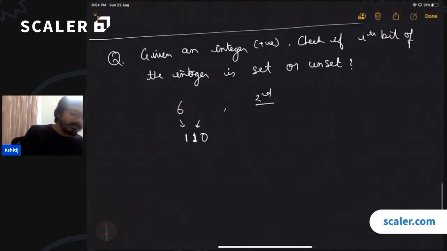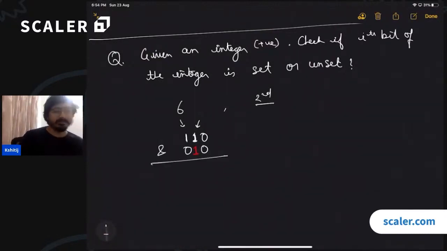So let us say I construct a number where we have a set bit at this position but unset bits in all the other positions, and I take an AND of this number with the given number. Can I say that if the result is non-zero, then this bit is set, or if the result is 0, this bit is not set?